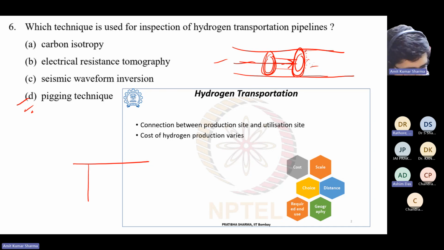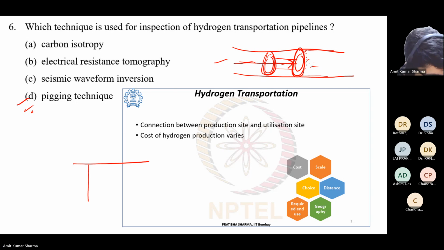Intelligent pigging is also there, and you can see the pipeline. Rosen Group, Tekken, so many companies are there.